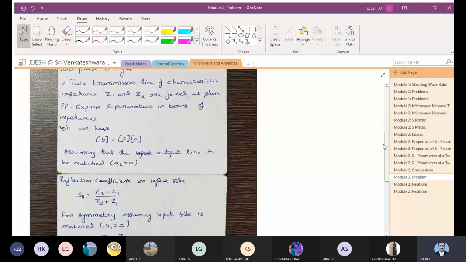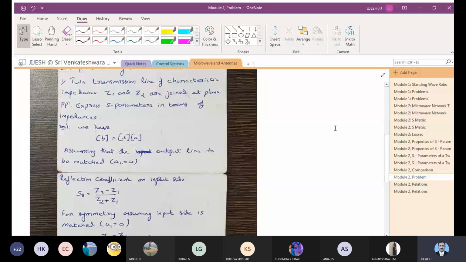What you are going to have here is the S matrix representation in terms of Z. So have you written the question? Let us proceed. Have you written the question? Yeah, sir. Okay.